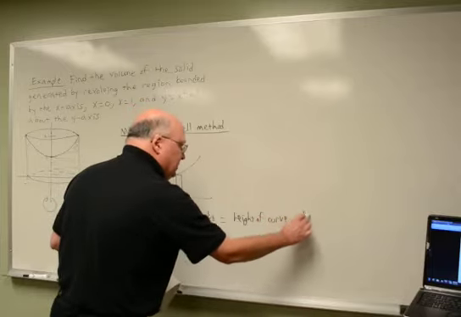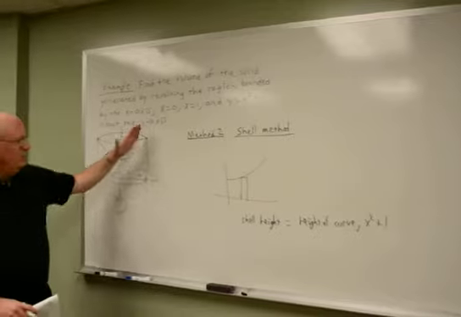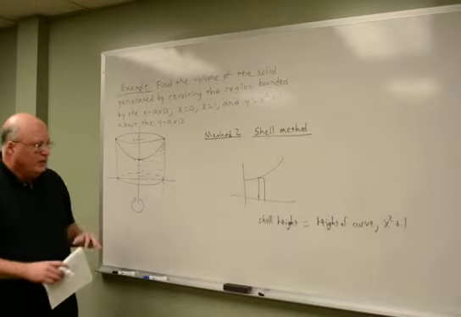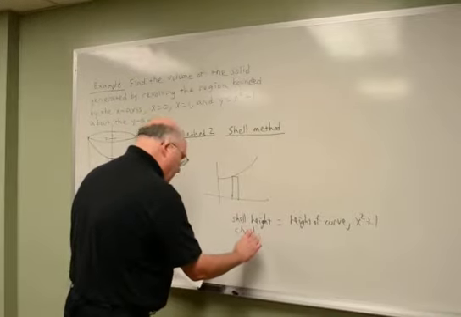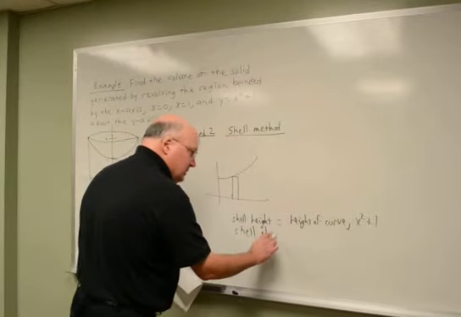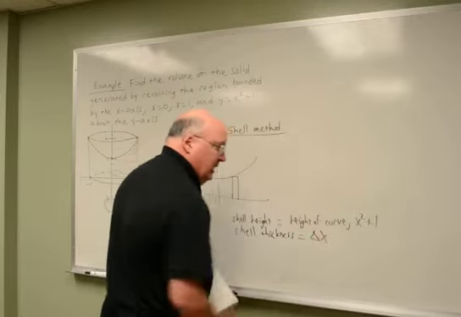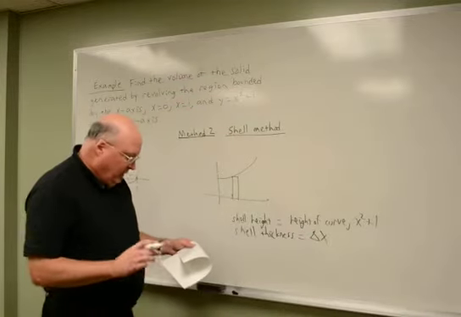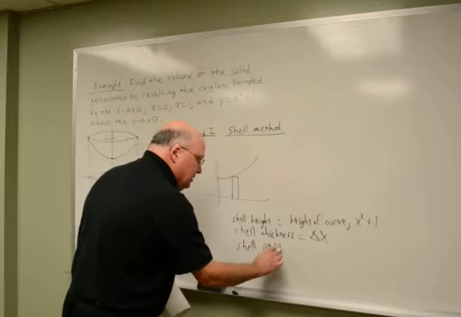Which in this case is x squared plus 1. Y equals x squared plus 1 was the equation of that curve. And then we said that the shell thickness was delta x. But what about the shell radius?